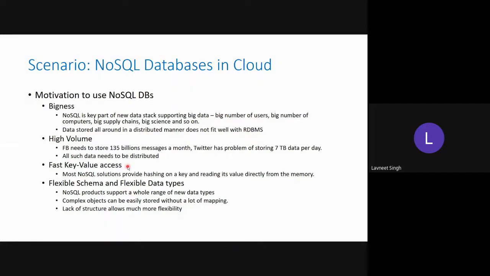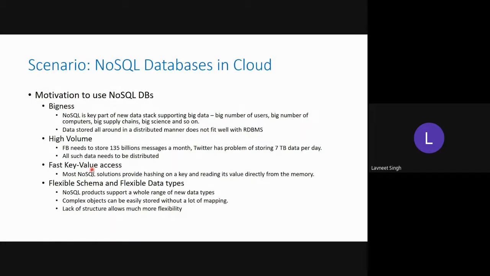Then, fast key value access. So most NoSQL solutions provide a hashing on the key and then reading its value directly from the memory. Right? In NoSQL databases, this is the key technology, key value pairs. The key is a hash value, hash of some property that you want to store.